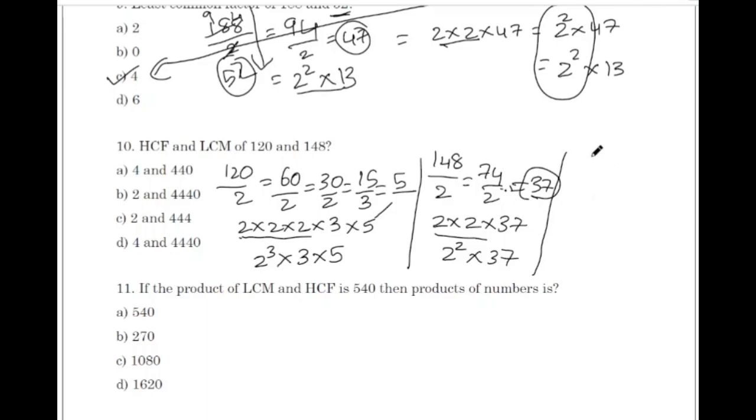Now let us compare. 120 is equal to 2 cube into 3 into 5, and what else do you have? 148.